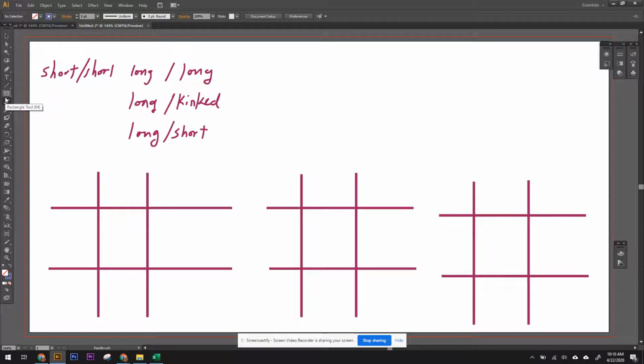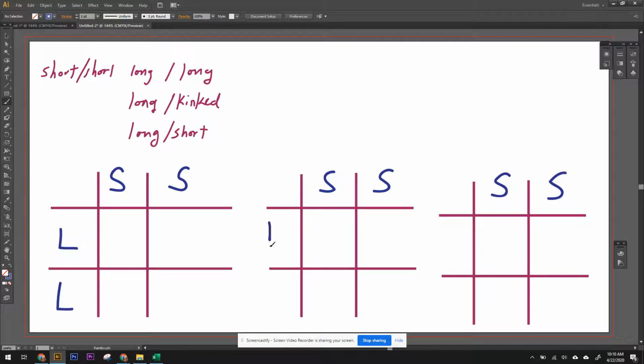He's homozygous recessive, so short, short, short, short, all across the top. Moms, we have identified could be one of three different varieties: long long, long kinked, long short. So go ahead and fill in the insides of these squares now.